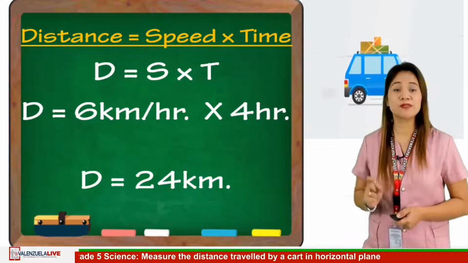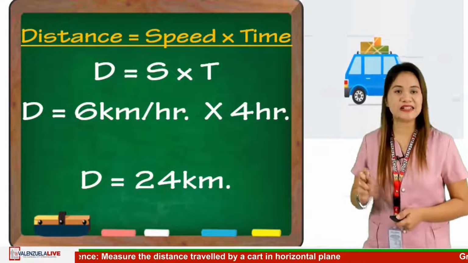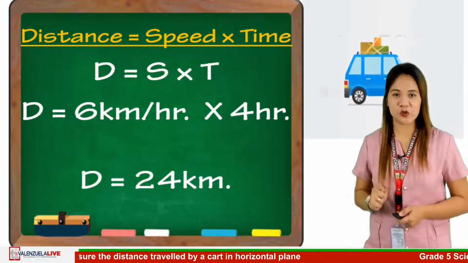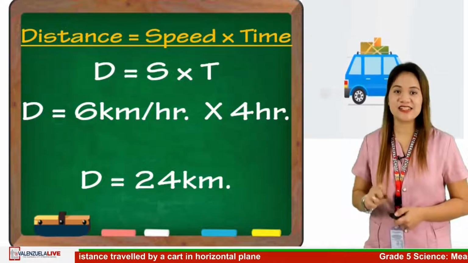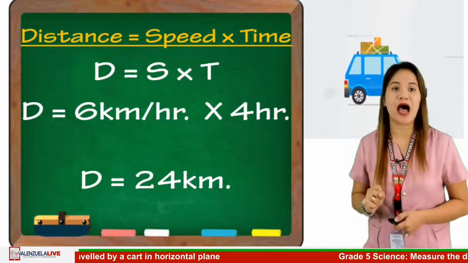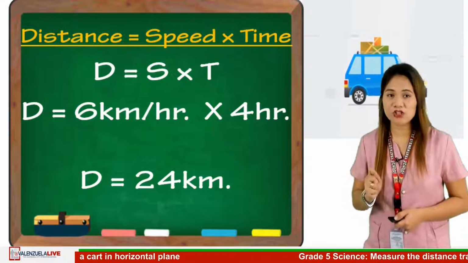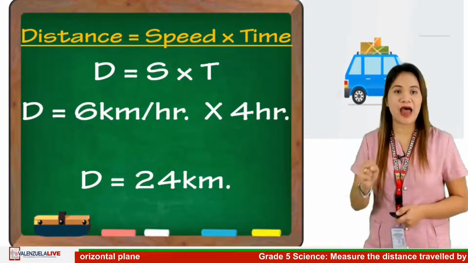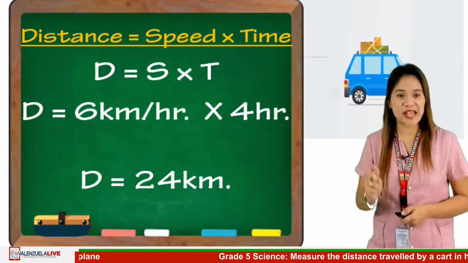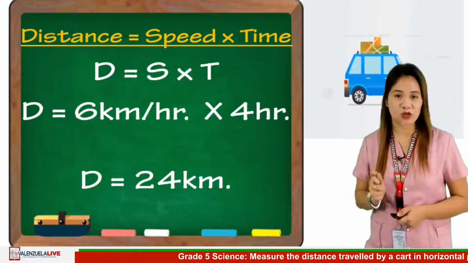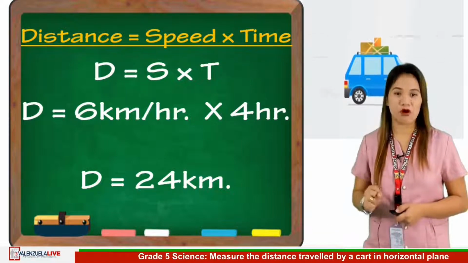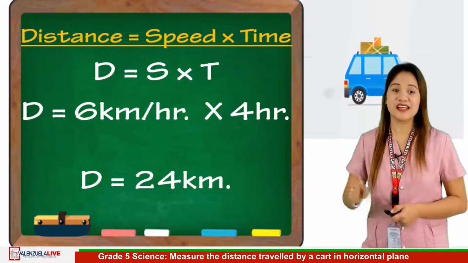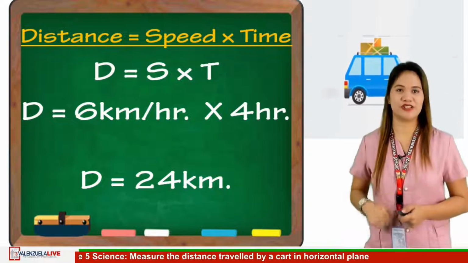Distance equals speed multiplied by time. In this situation, the speed is 6 kilometers per hour, and we are going to multiply it by 4 hours. So, 6 times 4 equals 24. So, the distance is 24 kilometers.